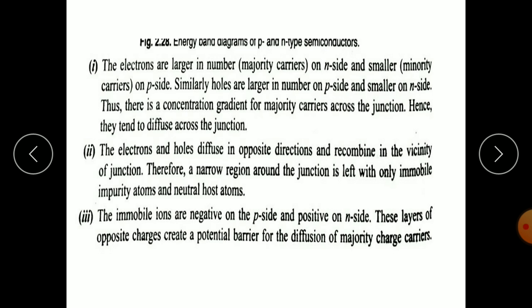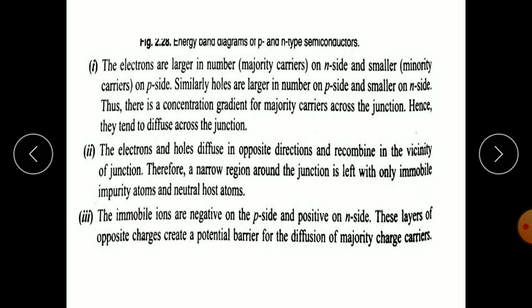The electrons and holes diffuse in opposite directions and recombine near the junction. Therefore, the narrow region around the junction is left with immobile impurity atoms and neutral host atoms.